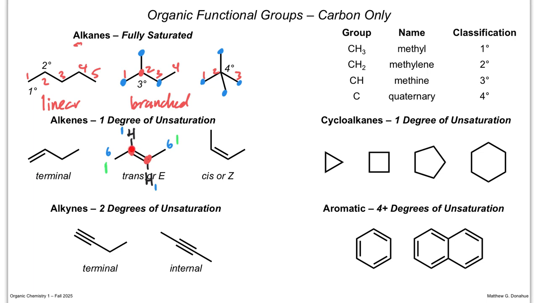So relative to the double bond, what's the relationship between the highest priority? So here they're on opposite sides, so that's what trans means. And then organic chemists will further abbreviate that to E. So E comes from a German word that starts with E. And it's telling you the relationship of those highest priority substituents.